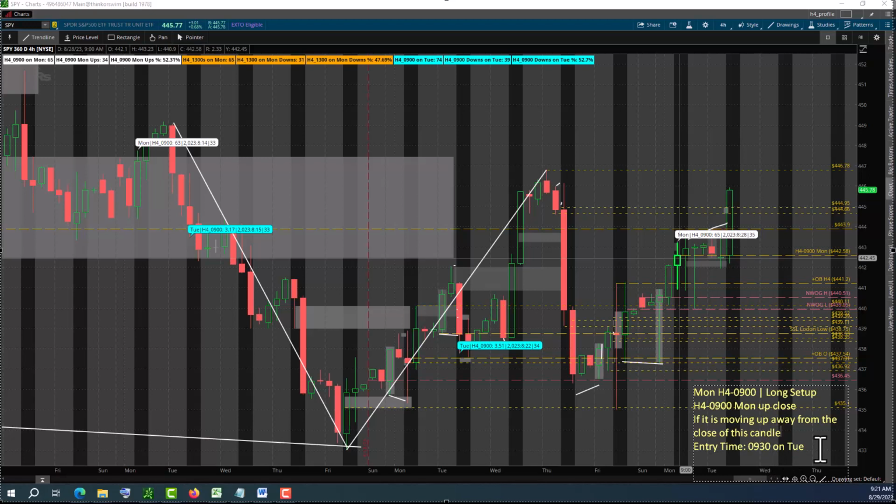We see the setup right there. Yeah, we did mention that this morning, but we don't anticipate, we don't engage at all while it's forming, and it gave us a nice entry, but we didn't take it.